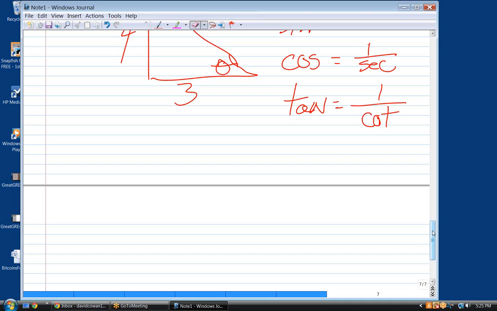When you get to calculus, the derivative of the sine is the cosine, but only if it's measured in radians, not degrees. So you tend to go to radians and stay there, and don't switch back and forth anymore.